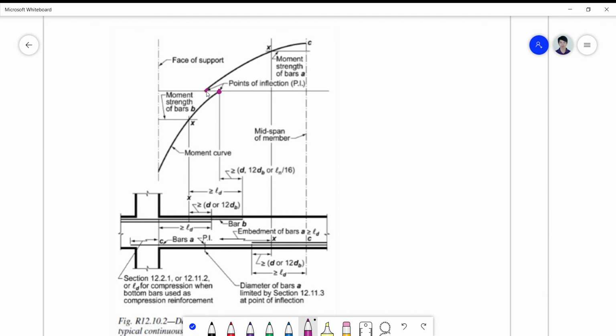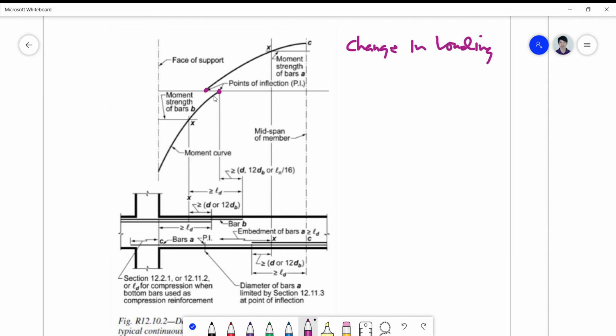Why? Because of the change in loadings. Okay, the dead load might change, the live load might change, the wind load might add up, the earthquake load might affect the beam, etc. Okay, so these points can move from left to right or from right to left.